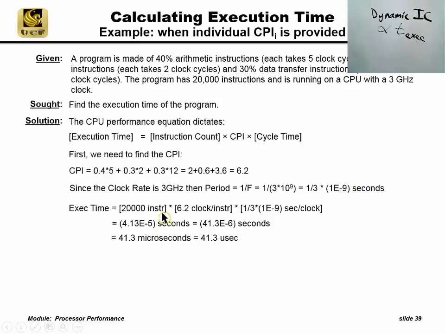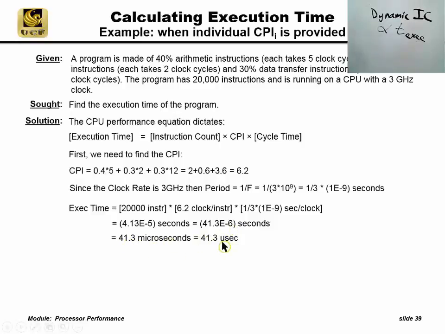We have 20,000 instructions in total, 6.2 clocks per instruction, and 333 picoseconds. We end up with 4.1e minus 5. If I want to get this into standard units, Latin prefixes to the power of -3, -6, -9, the closest one is -6. This would be 41.3 microseconds.